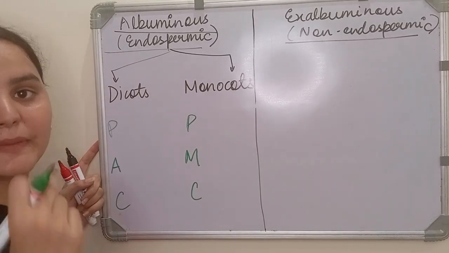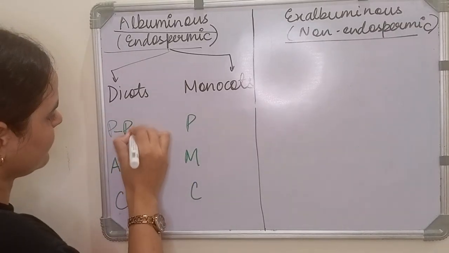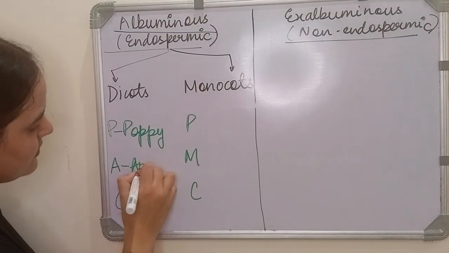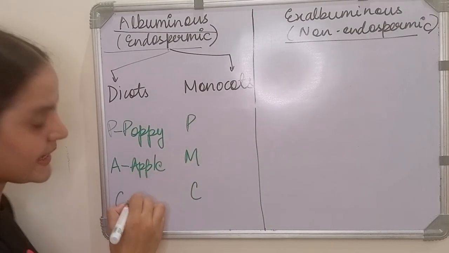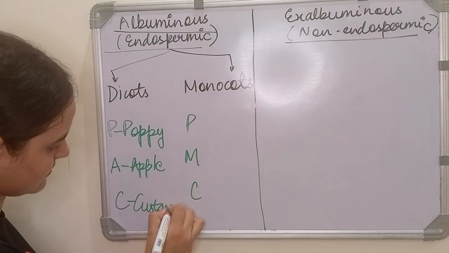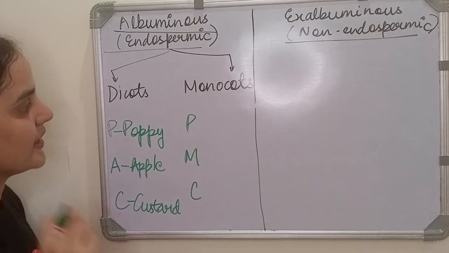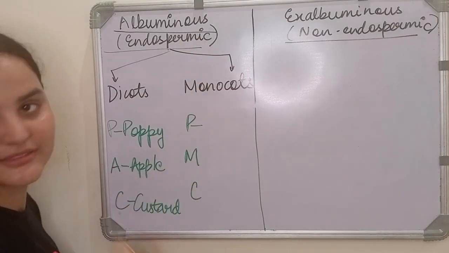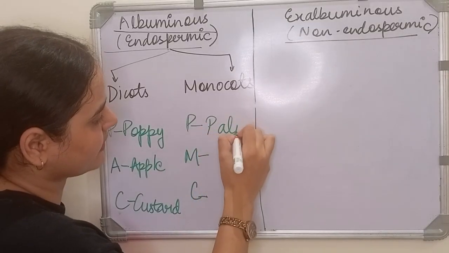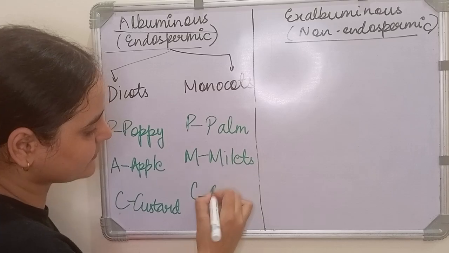P for poppy, A for apple, and C for custard. These are examples of albuminous dicot seeds. Now monocot, PMC. P for palm, M for millets, and C for cereals.